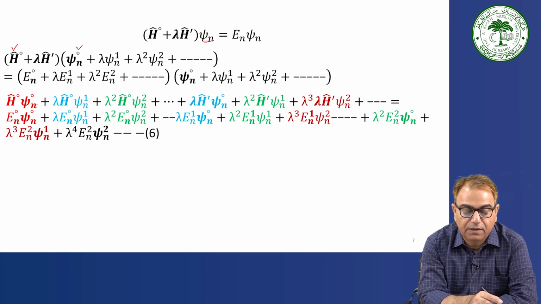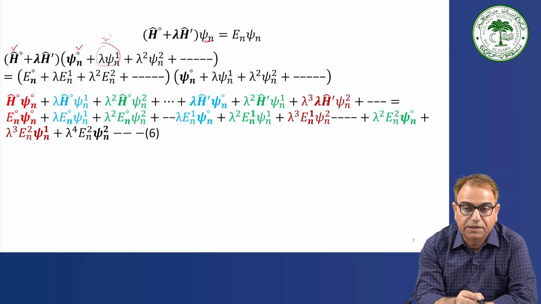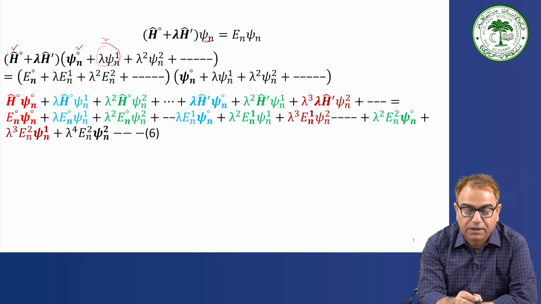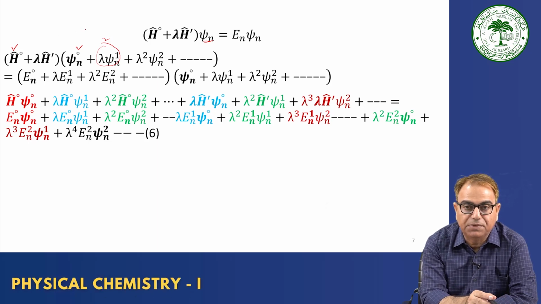Then you multiply H naught with the second term, so it becomes lambda H naught psi n1. Then the third term, lambda squared H naught psi n2. So this multiplication is complete with the first term.